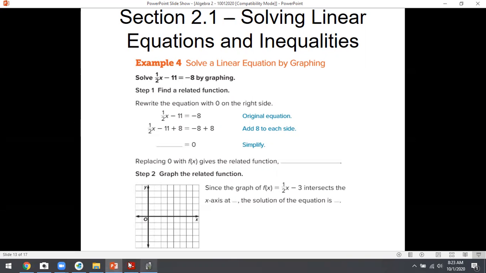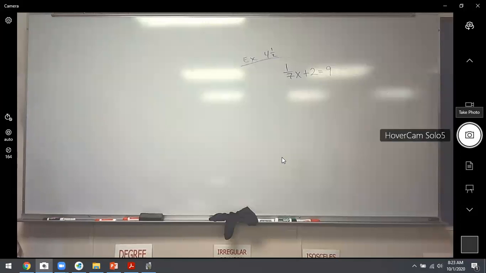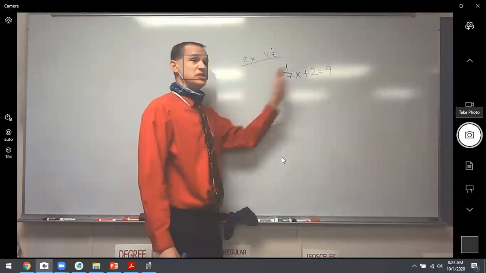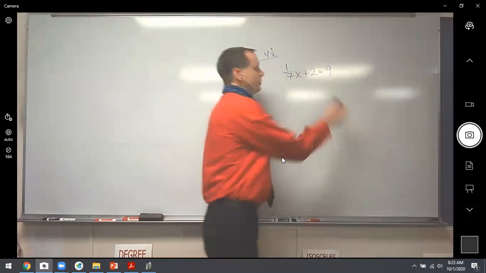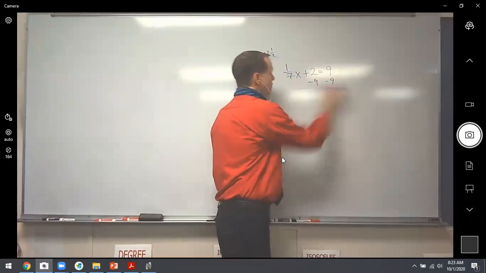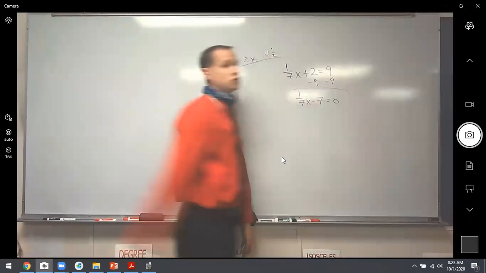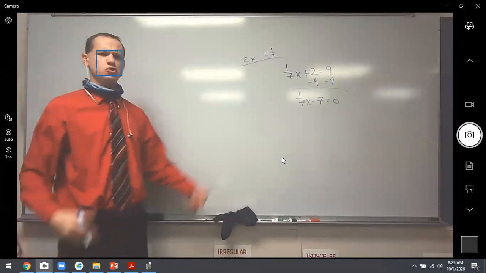So again, what's our strategy? We're going to compare this to the magic number of 0, right? So I don't care where you put things, but get one side equal to 0. I think the fastest way would be to subtract the 9. We'll subtract 9 from both sides. When you do, 2 minus 9 is -7, so you have 1/7 x minus 7 equals 0.